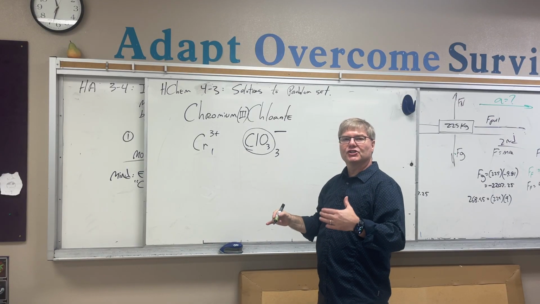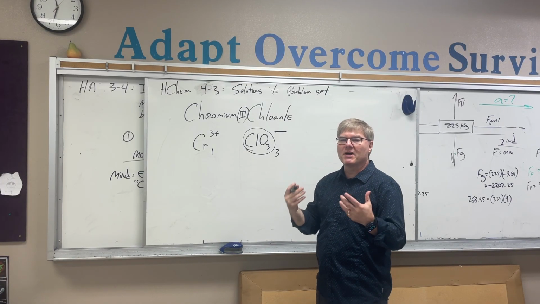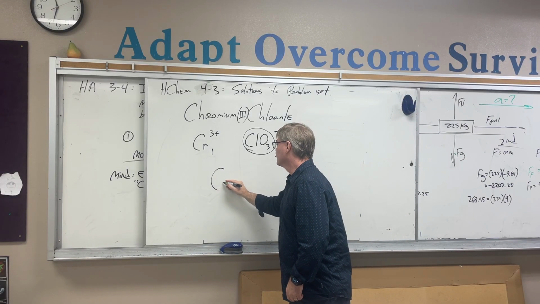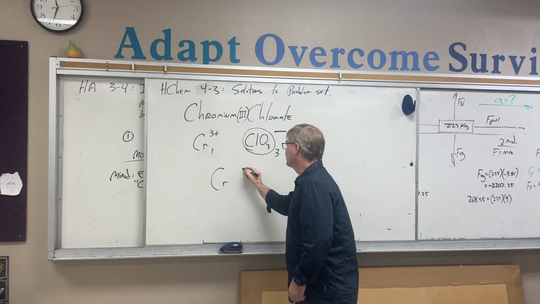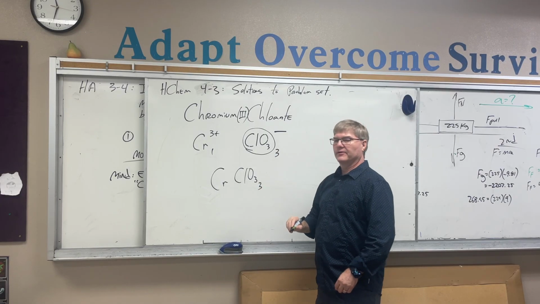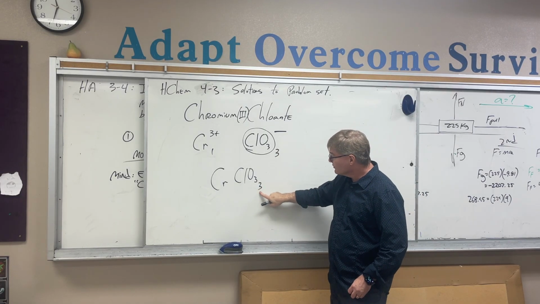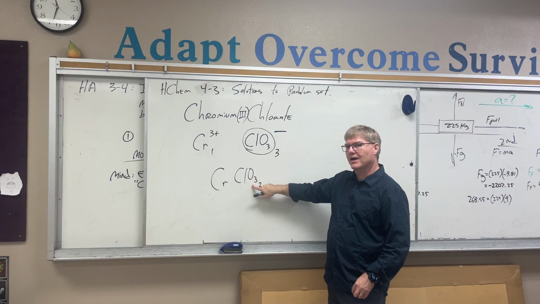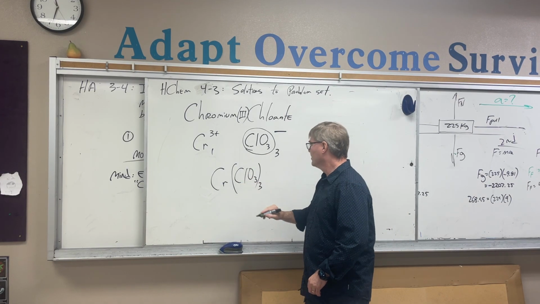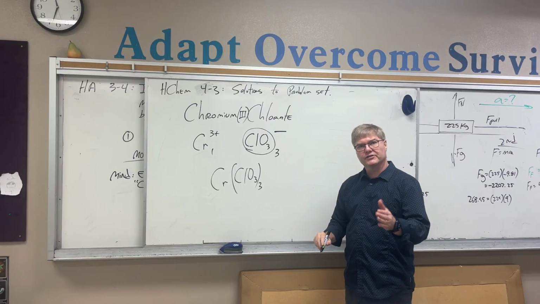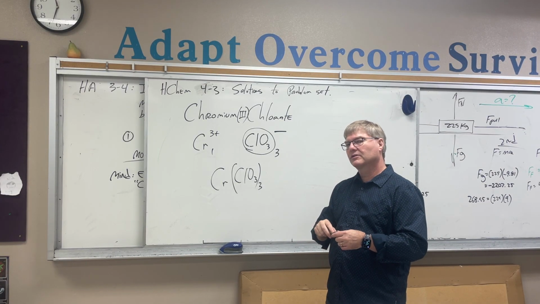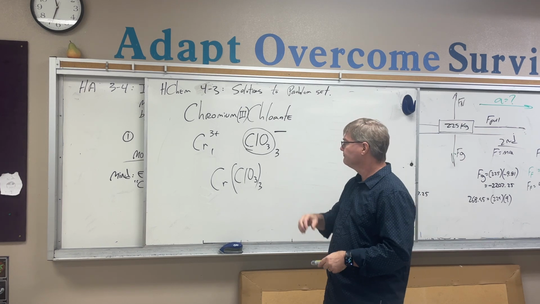So I have achieved charge equivalence. This must therefore be the ratio we would find in nature. Cr, ClO3, 3. And hey, I've got a subscript of a subscript, and we talked about how to solve this issue with parentheses. So the formula should be Cr(ClO3)3. And when you look on your solutions, it is.